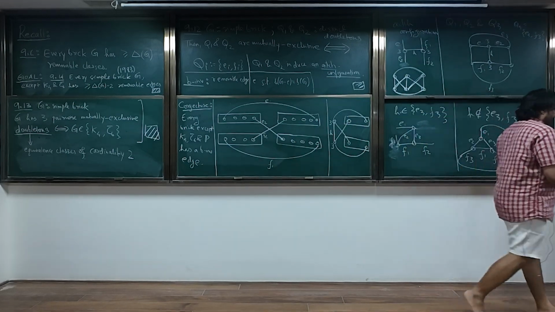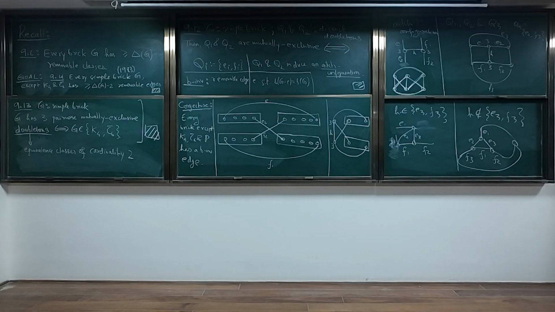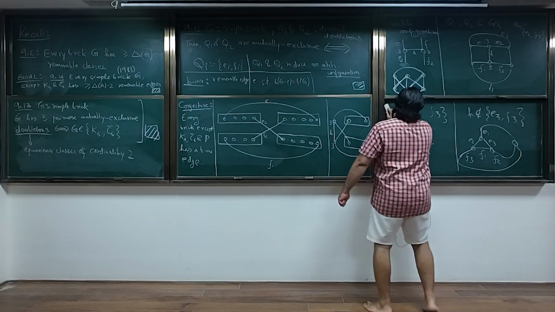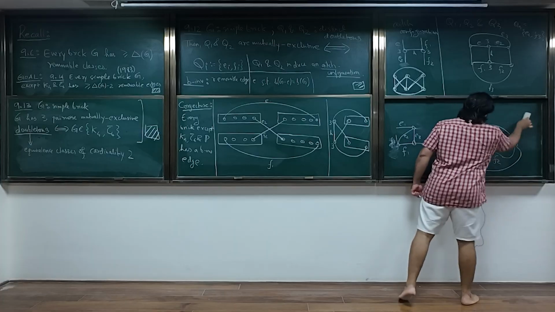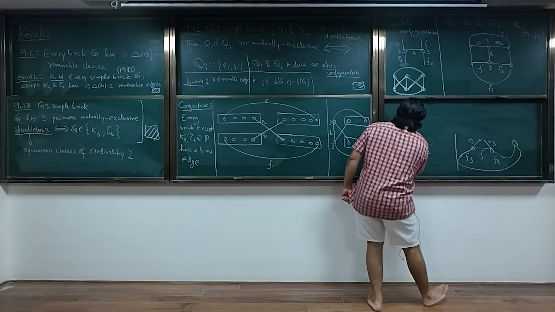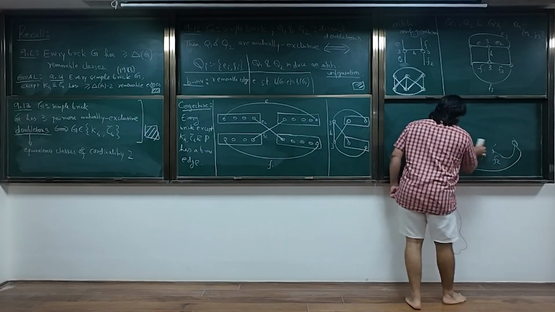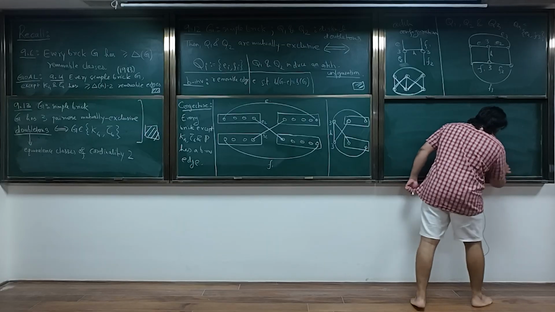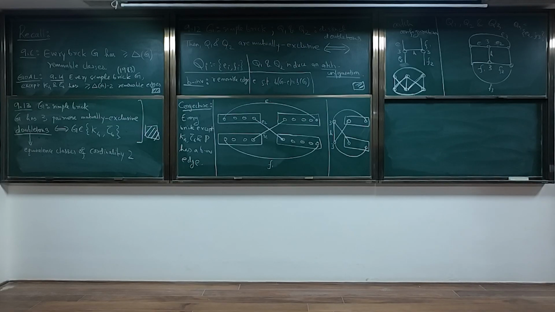In any brick except K4, k doubletons, I don't think you even need them to be removable. When we proved it in 2015, we thought we were assuming they are removable. Let me just check. It is one of the exercises in your assignment.